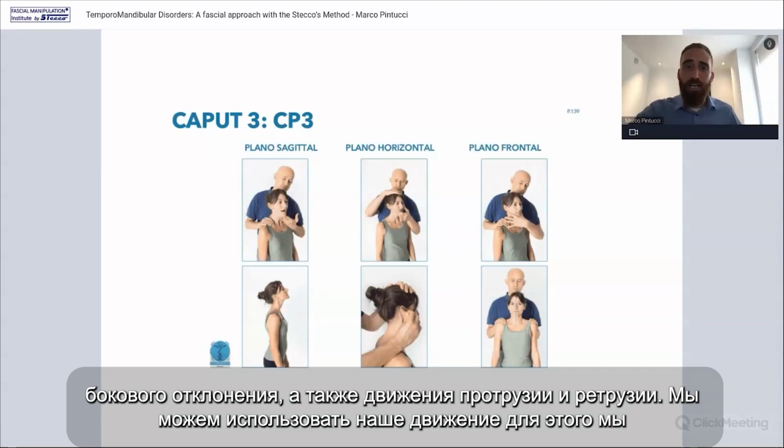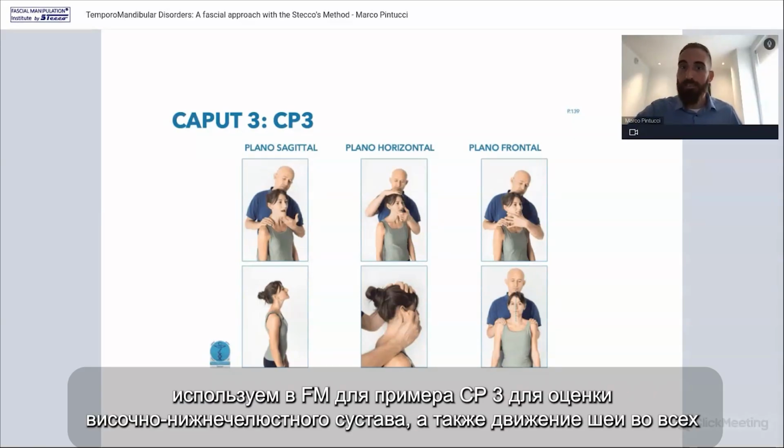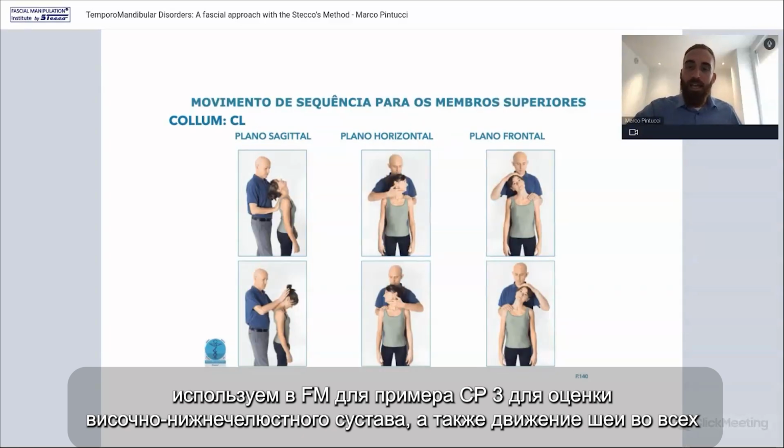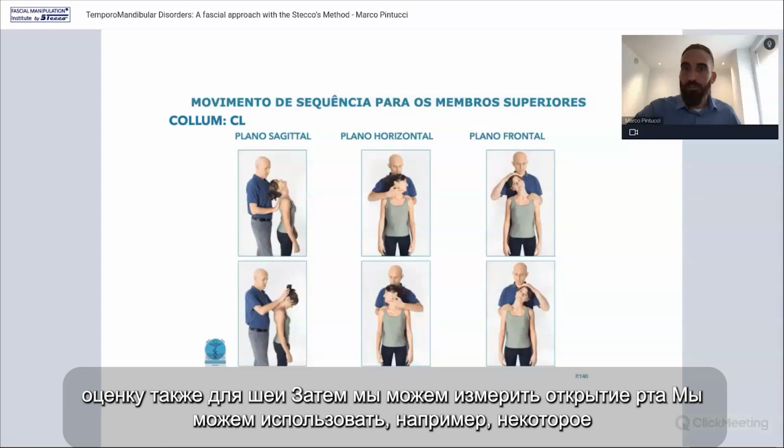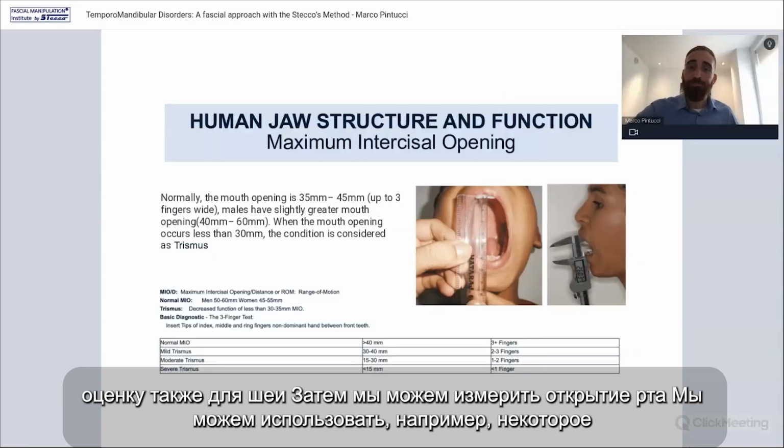We can use our movements that we use in FM for Capo3, for example, to evaluate the TMJ, and also the movement of the neck in all the 6 directions of space, in the 3 planes of space, to have a more comparative evaluation also for the neck.